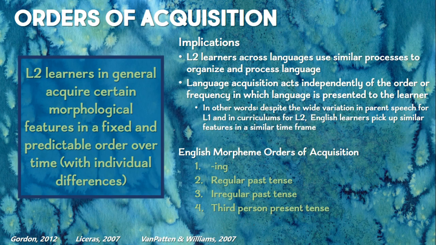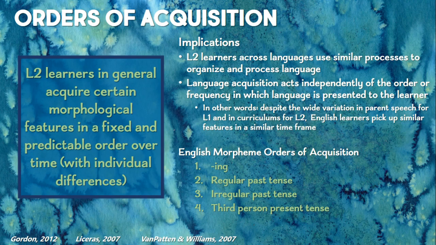In other words, despite the wide variation in parent speech for L1, anybody learning their first language as a native speaker, young kids, and in curriculums for L2, anybody learning English picks up similar features in a similar time frame. So those of you who have kids, or if you work with really little kids, you'll know what I'm talking about.